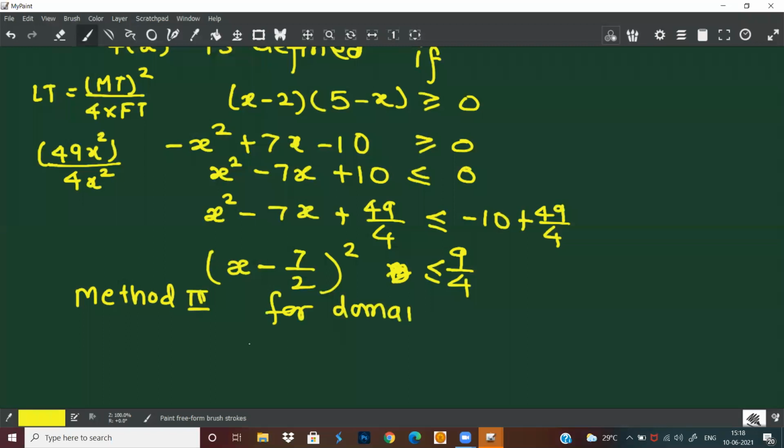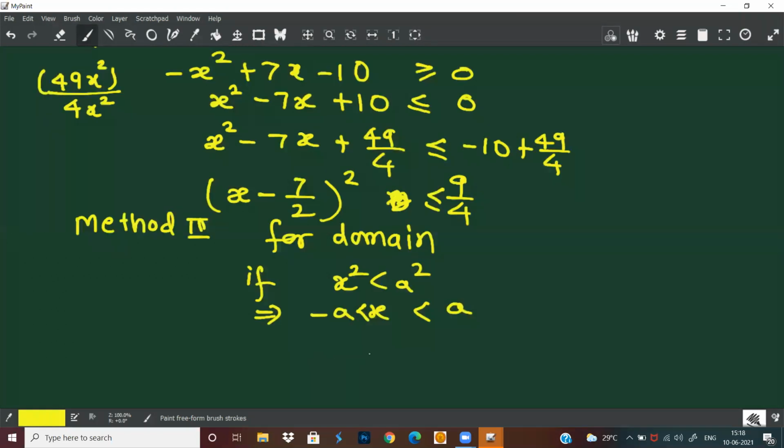What did we learn? If x square is less than a square, then x lies between minus a and a. So x minus 7 by 2 will lie between, with the equal to sign, so including equal to. The square root of this is 3 by 2. So on this side it will be minus 3 by 2 to plus 3 by 2.